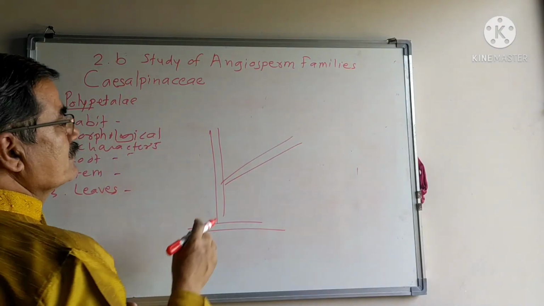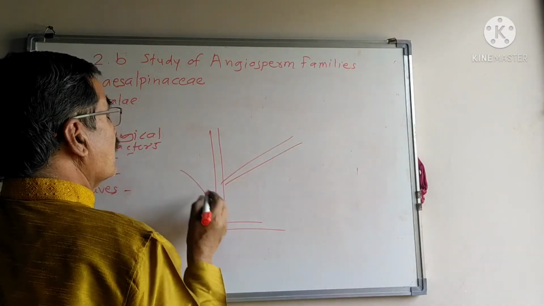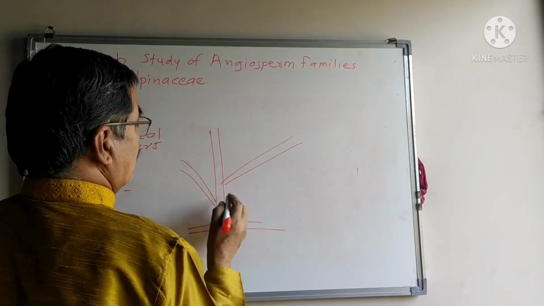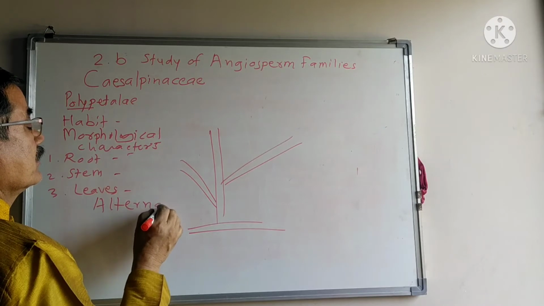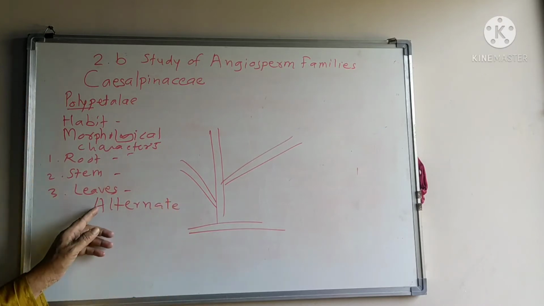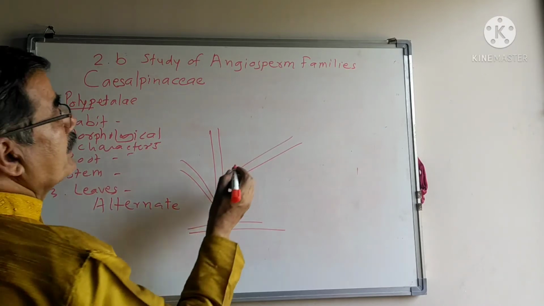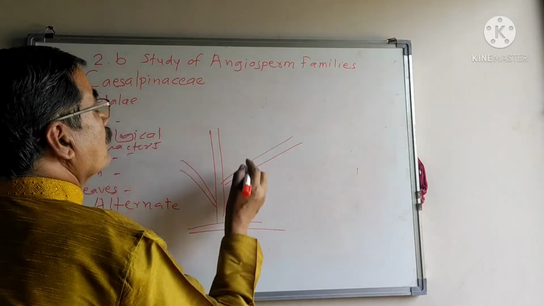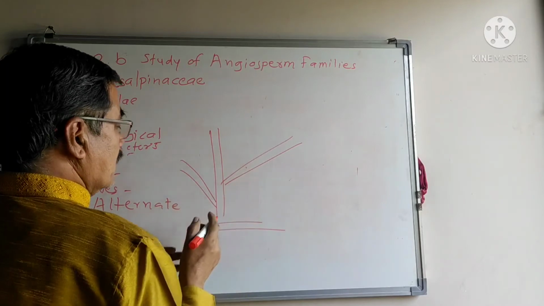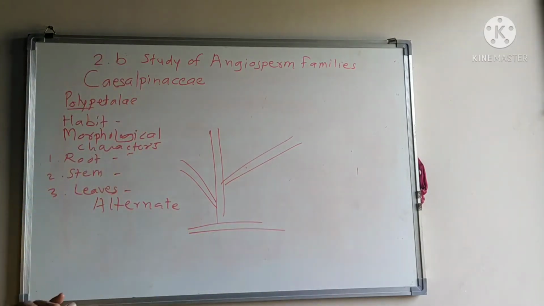The leaves are alternate. A node is a point from which expanded lamina arises.